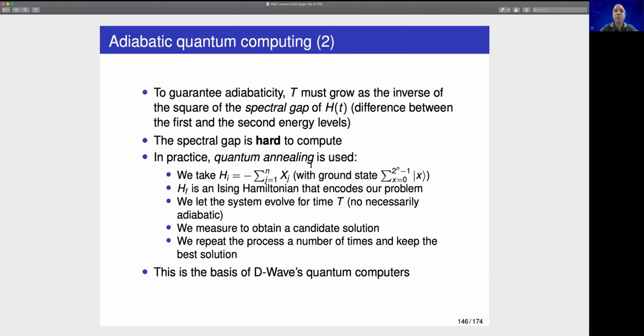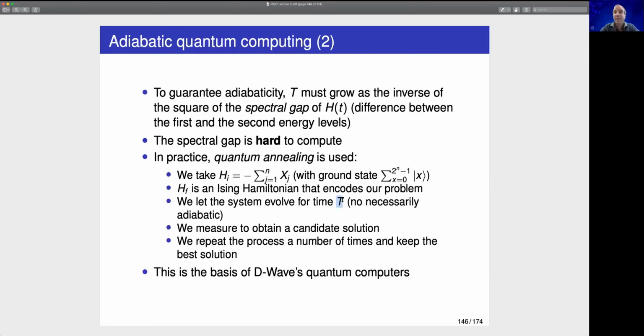So in practice, what we do is to use what is called quantum annealing, okay? We take a simple Hamiltonian, which is this one here, whose ground state you can check is this superposition that we know how to prepare, because we only need to use, for instance, Hadamard gates. And then, as I mentioned, the final Hamiltonian is not any Hamiltonian, but an Ising Hamiltonian, okay?